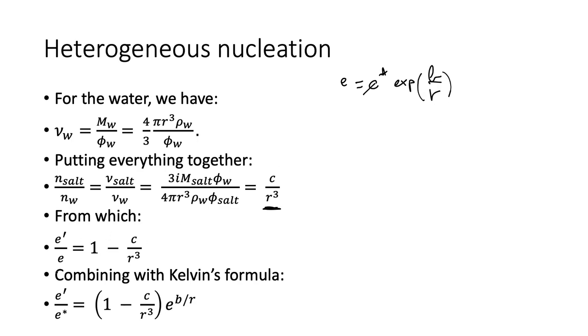And so you can substitute it in here, and you just end up with E prime over E star. Well, it's written there, so why am I doing this? E prime over E star equals this term that is due to the solvent times e to the B over r. Sorry, I keep mixing solvent and solute. This is due to the salt.